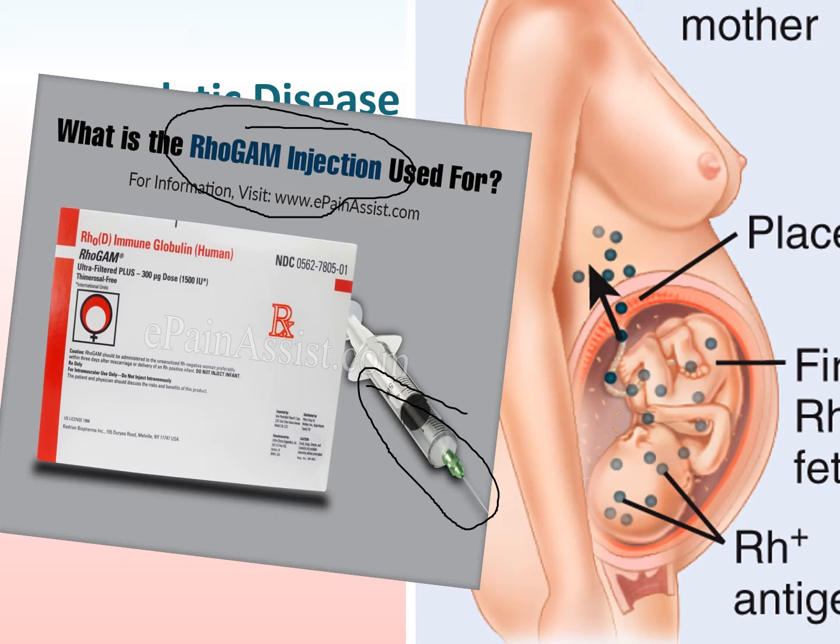I call it like someone broke into your garage, you call the police, and then you realize no one broke in. So you call the police back, you say, "Oh, never mind, we just left the door open, there's nobody there." The RhoGAM helps you so your immune system does not get involved. Otherwise, yeah, with the second pregnancy, it would be bad.